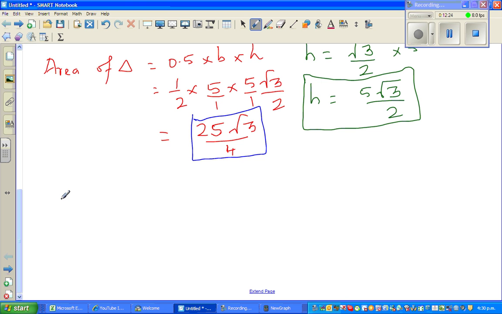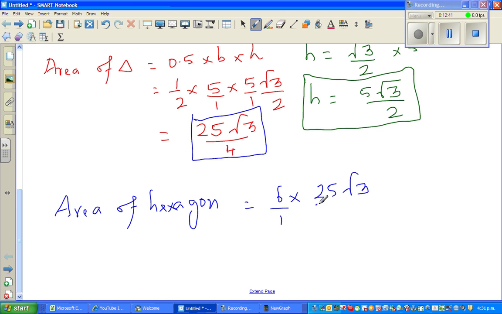Therefore, the area of the hexagon: you've got 6 triangles of this type, so 6 over 1 times 25 root 3 over 4. You can simplify 6 and 4: 2 goes into 6 three times, and 2 goes into 4 two times.